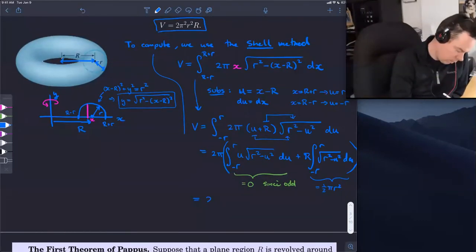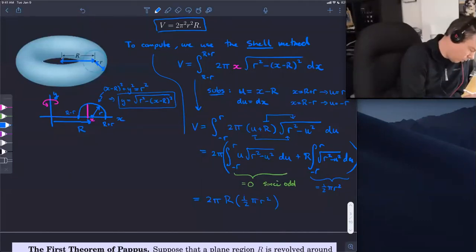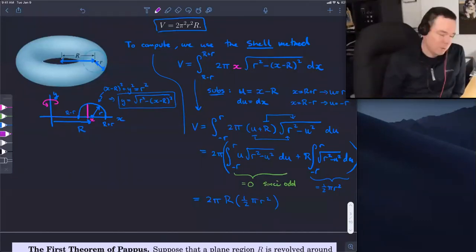And so we get our result of 2 pi times big R times 1/2 times pi r squared. And I've forgotten one more thing I've got to add in. Remember, I used symmetry right from the start.